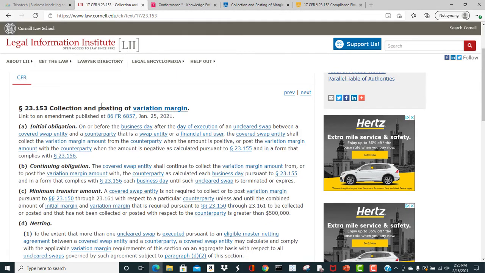Looking at Part A, initial obligation, I find that there are four basic business rules. The first is related to the time frame on or before the business day after the day of execution. The next business rule is related to collecting or posting the variation margin account to or from the counterparty. The third rule is computing the rule based on 23.155, and the fourth rule is in a form that complies with 23.156.